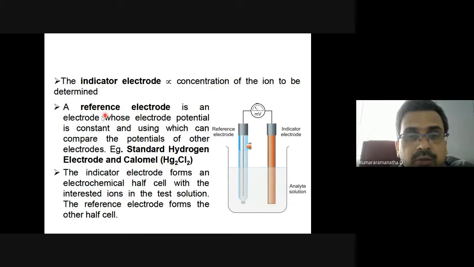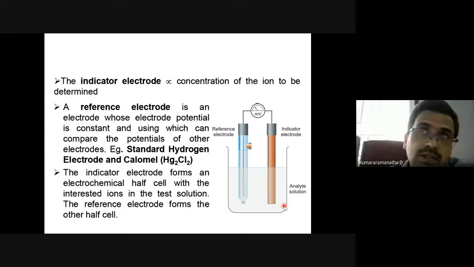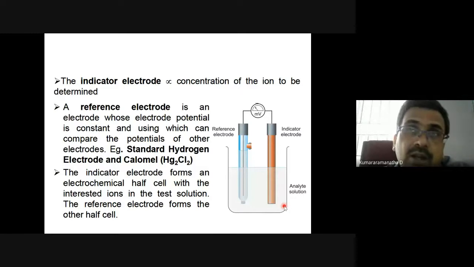The reference electrode is a calomel electrode, or it can be a hydrogen electrode, or standard hydrogen electrode. The indicator electrode, after forming an electrochemical half cell, will tell you the concentration or the ionic flow. For example, with Fe2+ and Fe3+, you can get an idea of how much is being transferred.